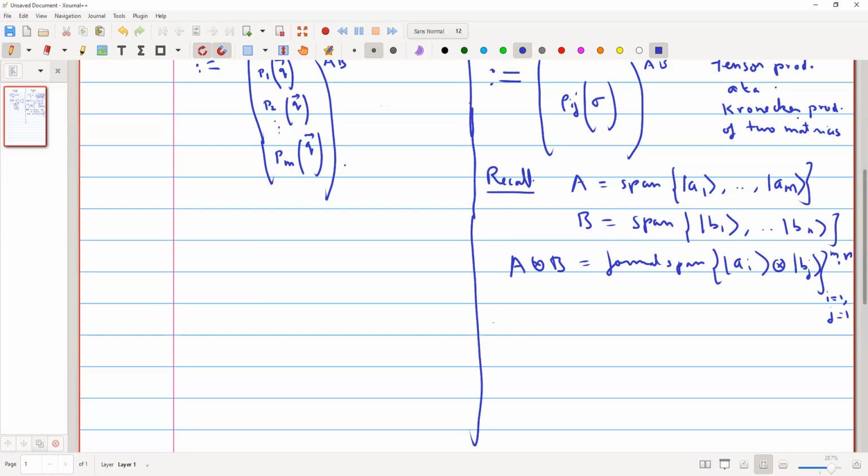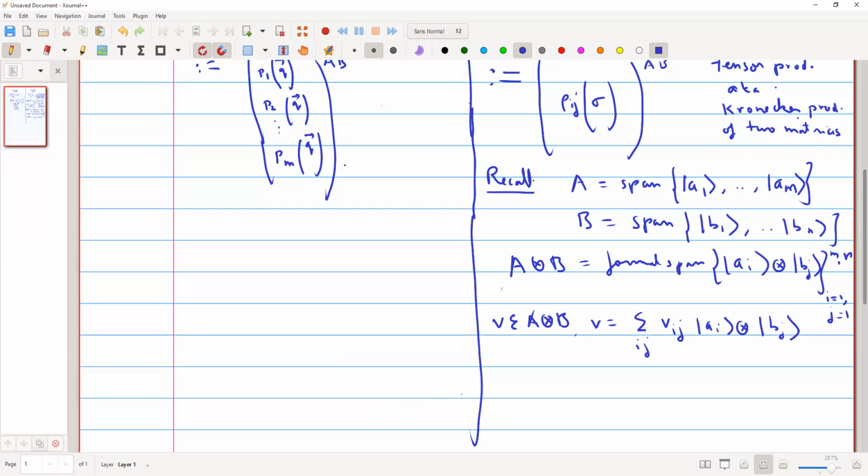So if I take a vector V in the tensor product vector space, V is equal to the summation over ij of some complex number V_ij times a_i tensor b_j.